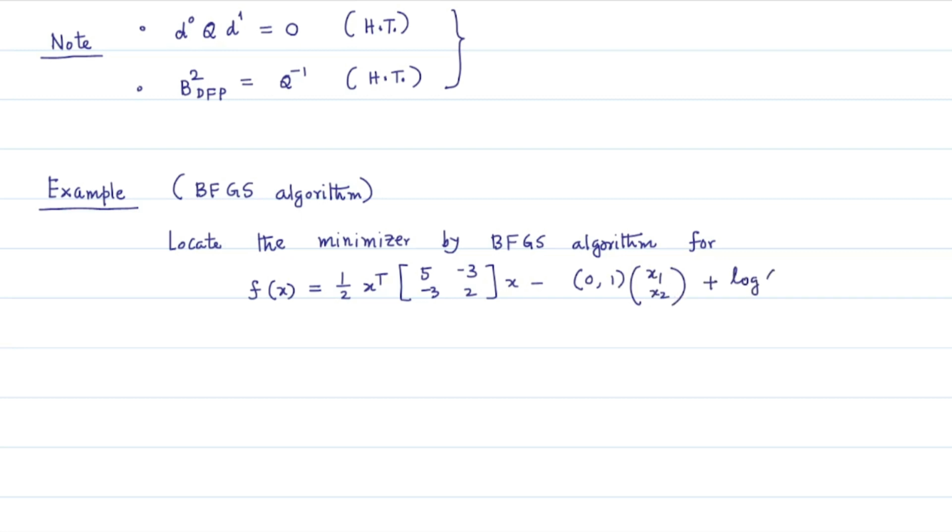You consider this objective function and then apply the BFGS method to find a local minimizer of this objective function.